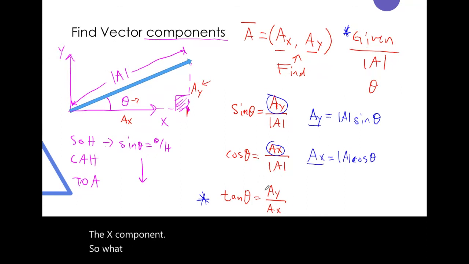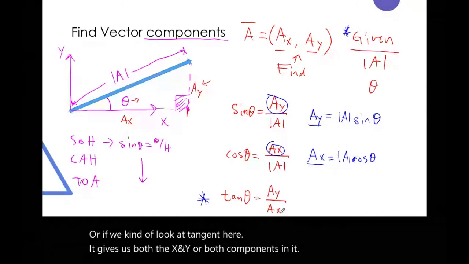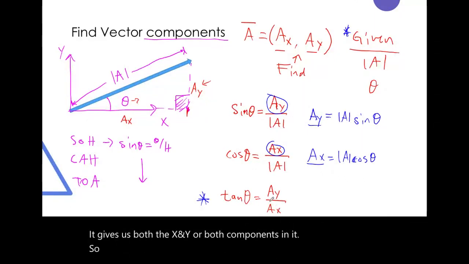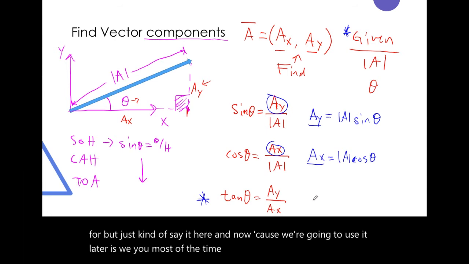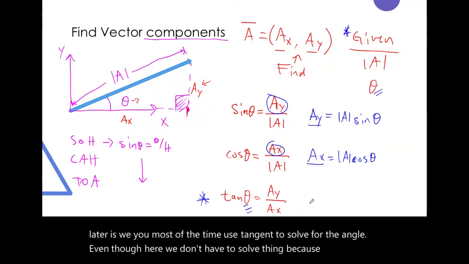Okay. And then you might think, well, what do we use tangent for? Because we use sine to solve for the y component, cosine to solve for the x component. So what would tangent be useful for? Well, if we look at tangent here, it gives us both the AX and the AY, or both components in it. You may not really know automatically what that would be good for, but just to say it here and now, because we're going to use it later, most of the time you use tangent to solve for the angle, even though here we don't have to solve for the angle because it's given.